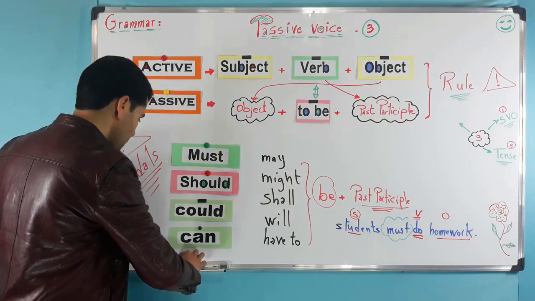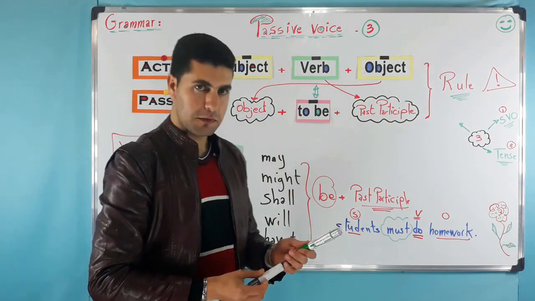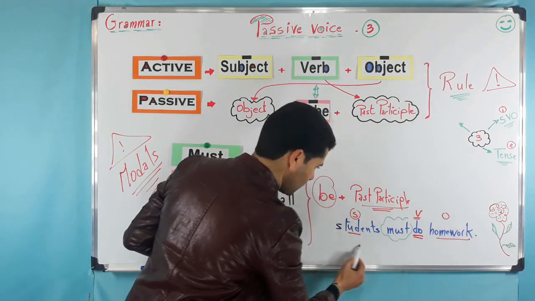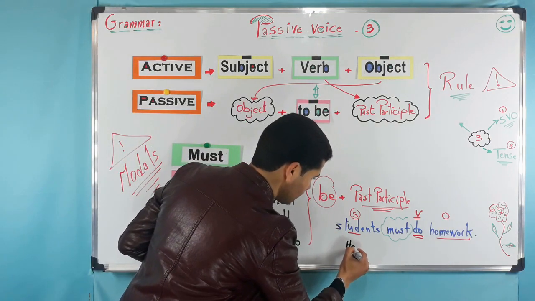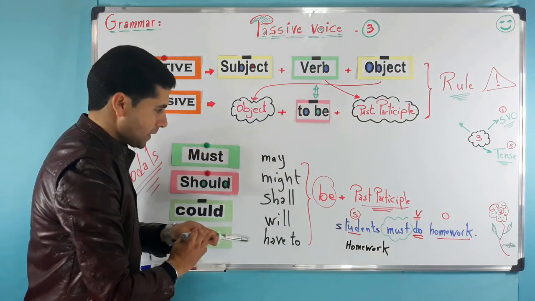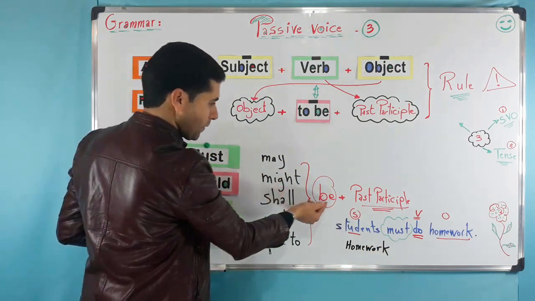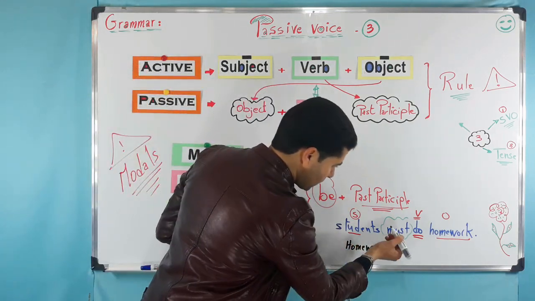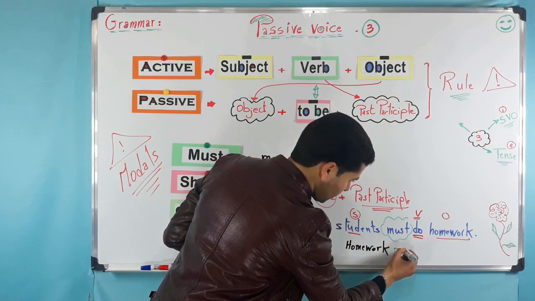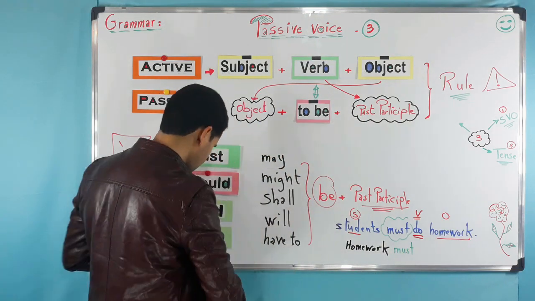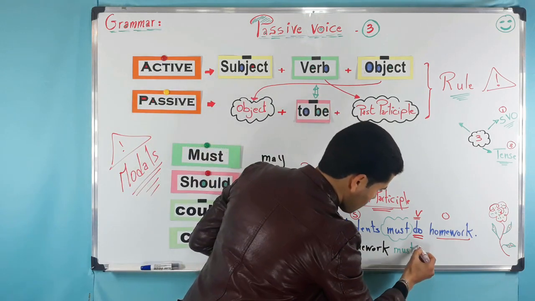Now here, if we want to make the passive of this sentence, again we bring the object to the beginning, so homework. Now the rule that I said: modal verb plus be plus past participle. So homework, modal verb must, must plus be, must be.